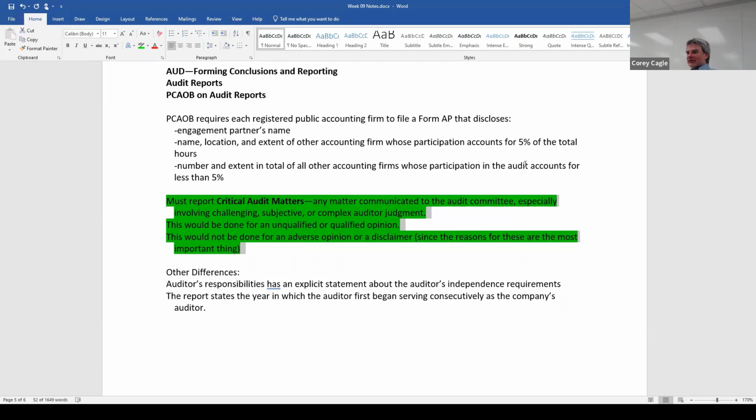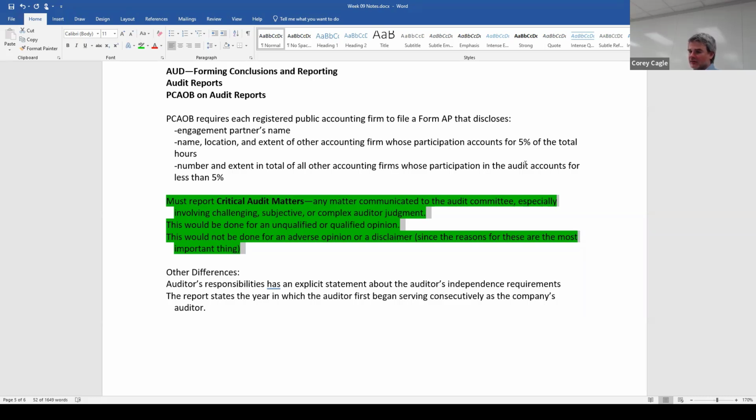Kind of like the key audit matter thing we just talked about, right? Except this is required for a PCAOB audit. And the difference here is this would be done for really anything you could communicate to the audit committee along those lines. And it'd be done for an unqualified or qualified opinion.